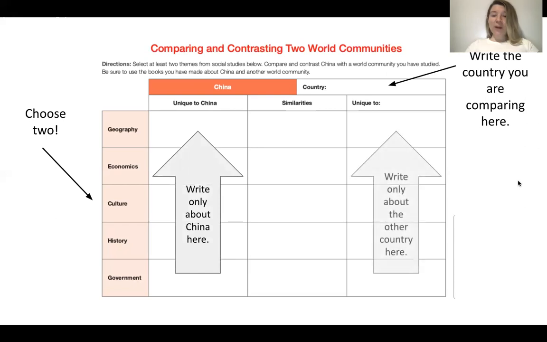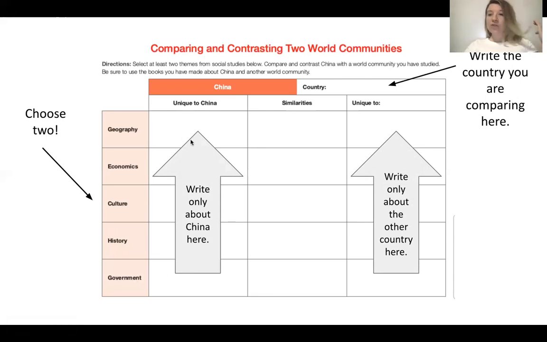Next, you're going to write about the other country. In this column, you are only writing about either Nigeria or Egypt, whichever one you chose. And you are only writing in the 2 boxes that line up with the 2 themes you chose. So it should line up with what you wrote in China.